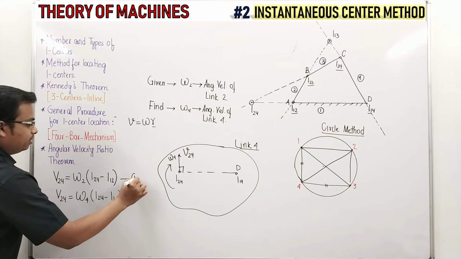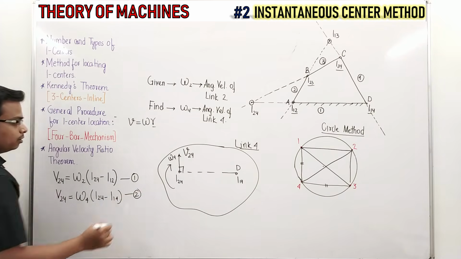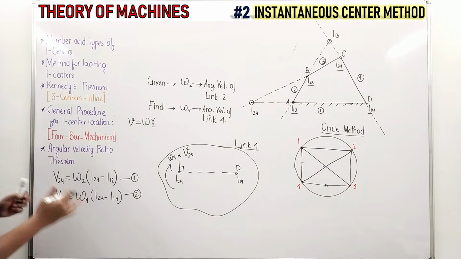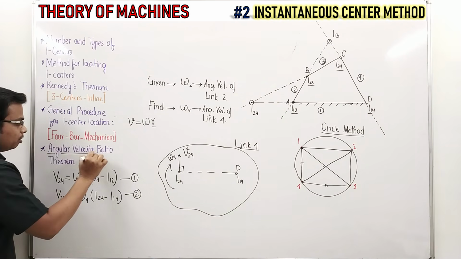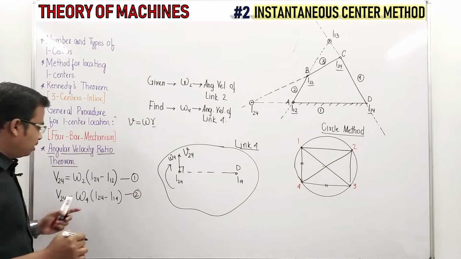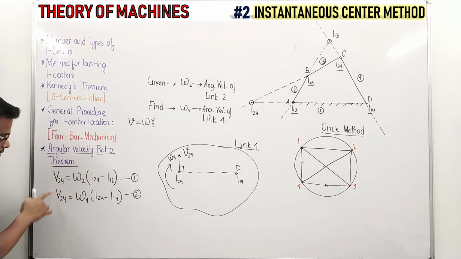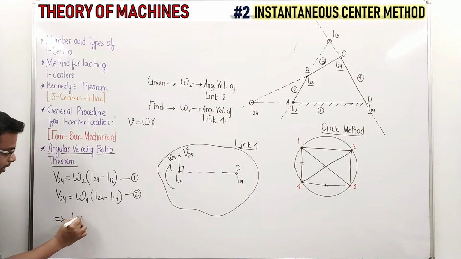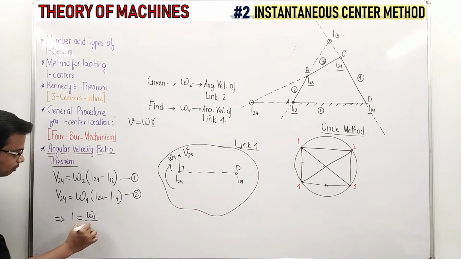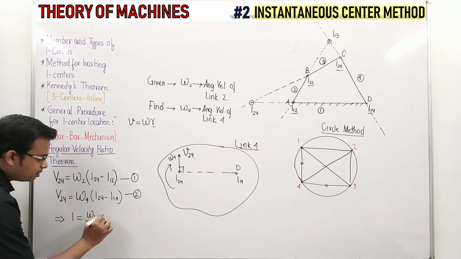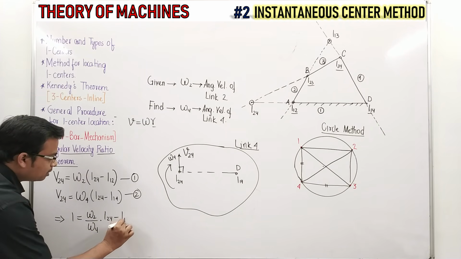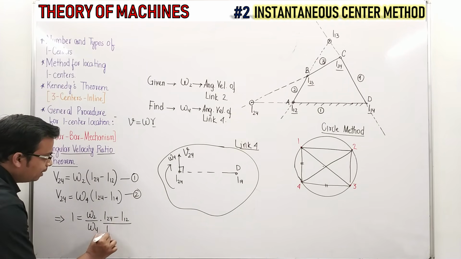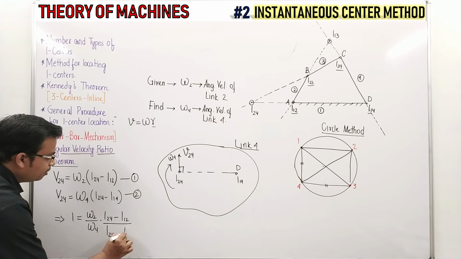Once you divide these two equations, the ratio is a mathematical expression, and that is in fact the angular velocity ratio theorem. Dividing these two, the r's cancel out. Ultimately the equation you get is omega 2 by omega 4 equals I24 minus I12 whole divided by I24 minus I14.